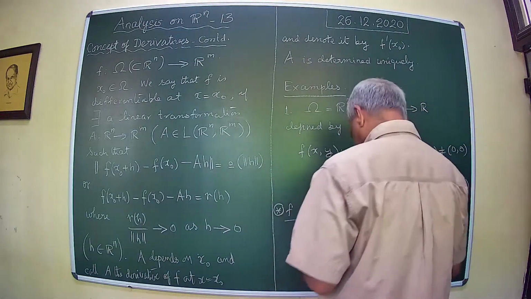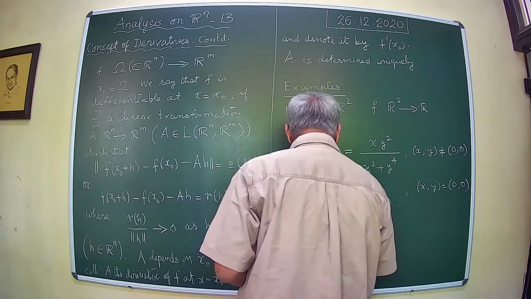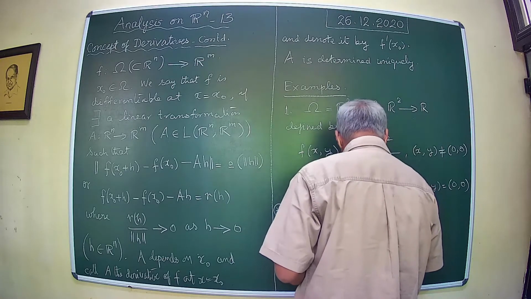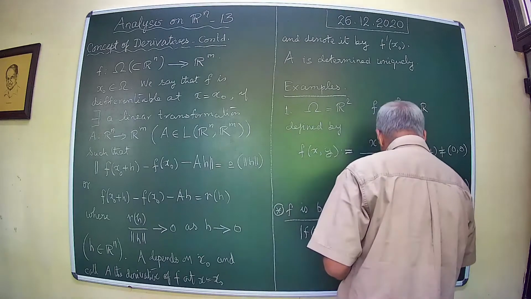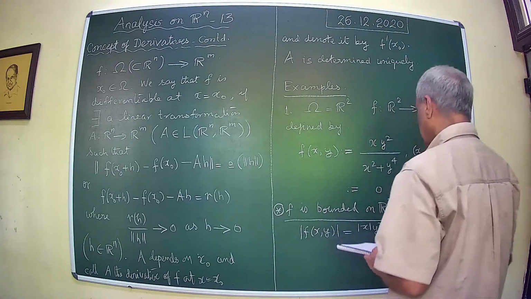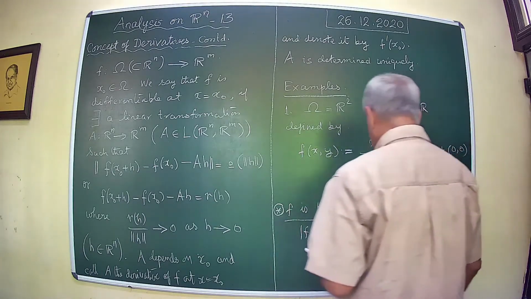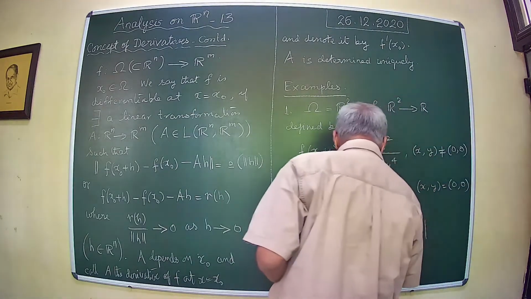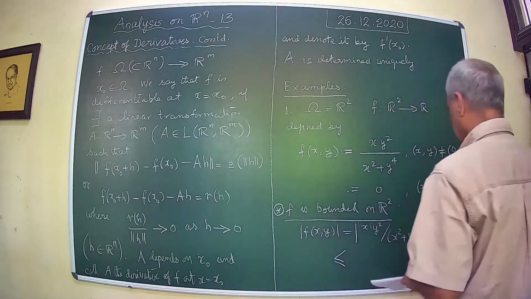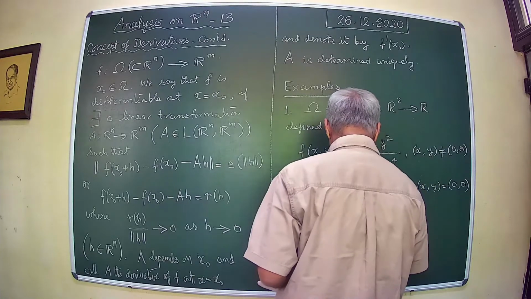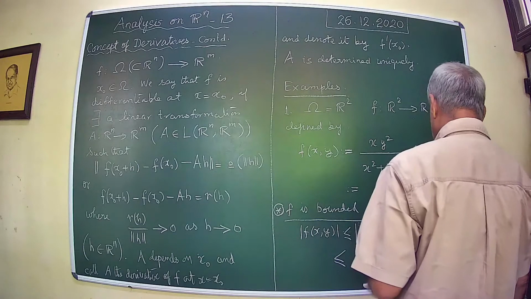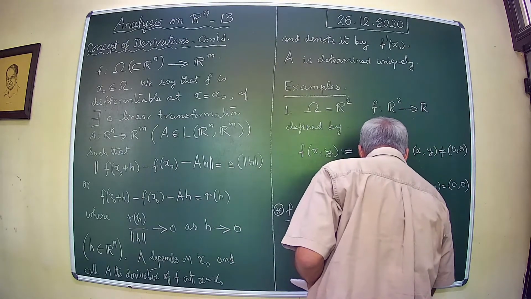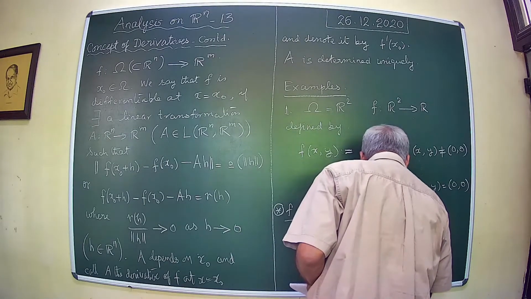This follows from the following fact that mod f of (x, y), for (x, y) in R2, is less than or equal to twice mod x y square divided by 4.